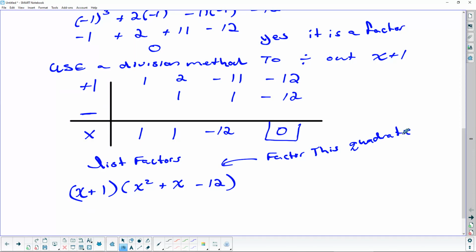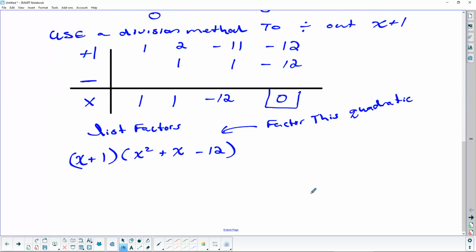Okay, do we remember how to factor quadratics from grade 10 and 11? Probably. Two numbers that multiply to negative 12 and add to 1. We've got an x and an x. They've got to add to a positive 1 and multiply to a negative 12. So one has to be positive, one has to be negative.